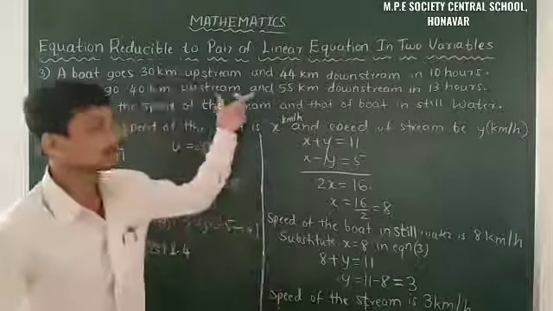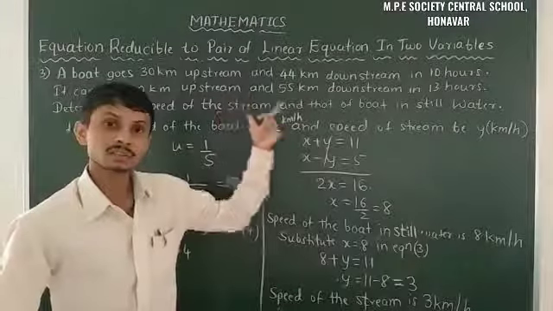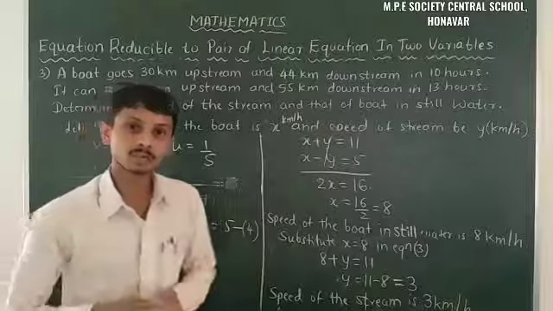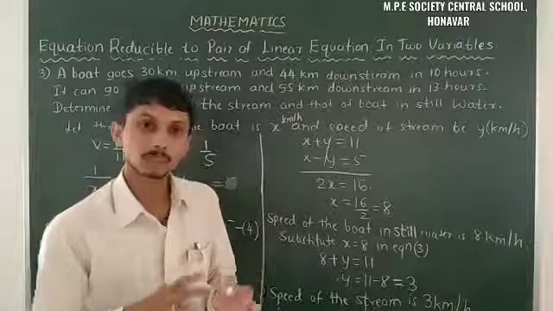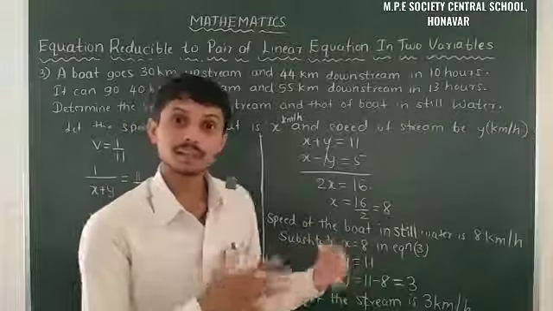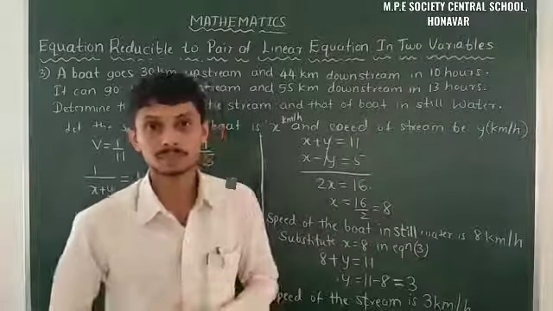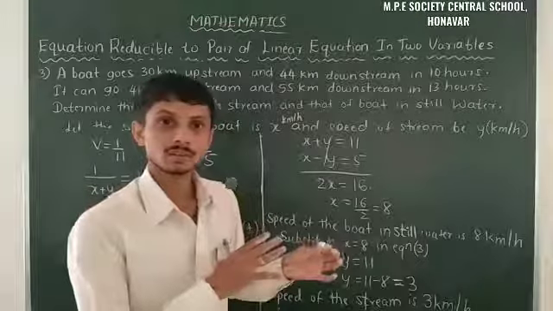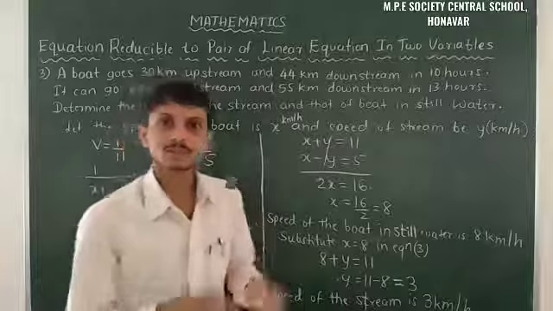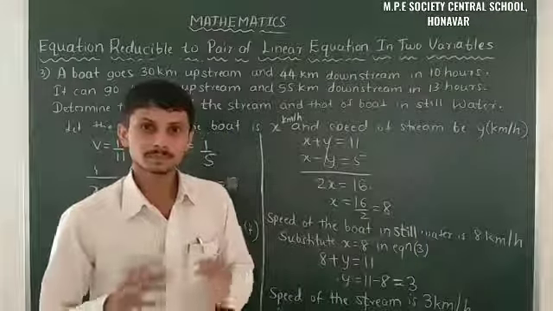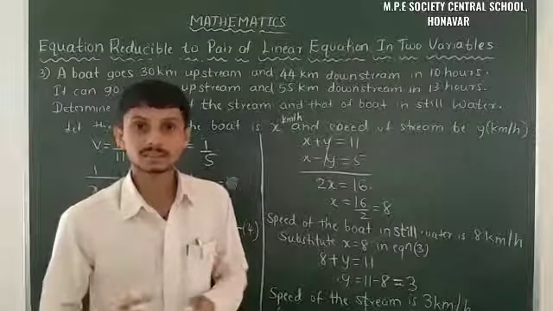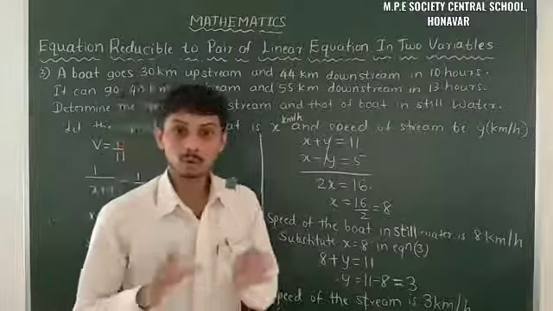Again here it is a real situation, so we have to take the statement part by part and then convert it into a pair of linear equations in two variables. Here we are using the elimination method two times. So there are two such pairs of linear equations in two variables when we are solving this type of problem. This is also very easy, and when we are understanding, don't go with the procedure, we have to understand the concept.